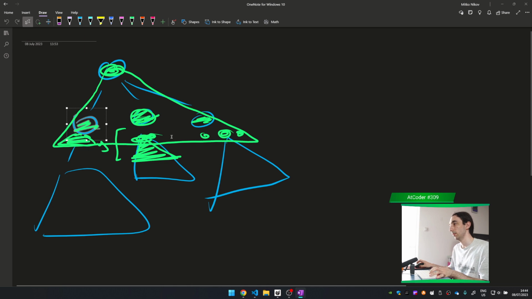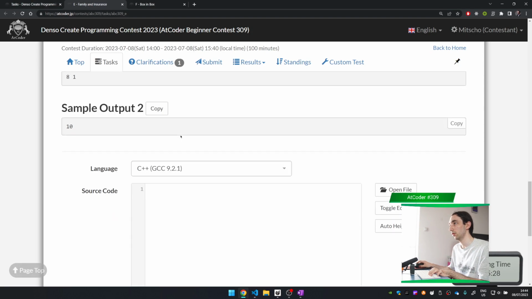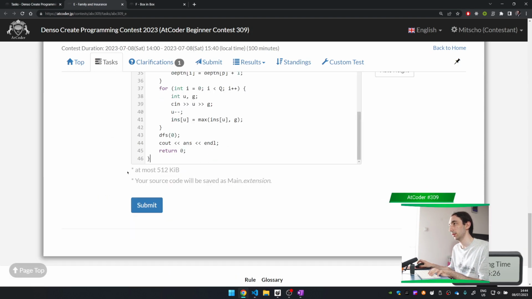Yeah, this is not -1 because we don't go, like, the depth is, yeah, accounting for that.